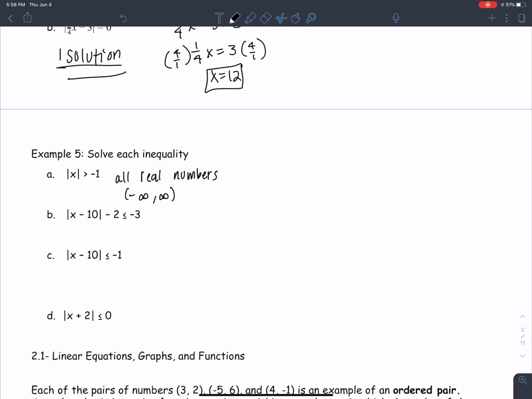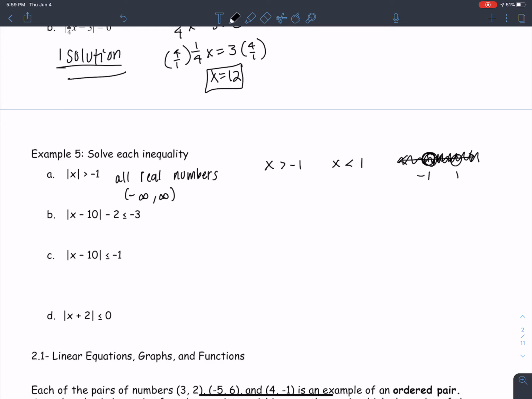Because if you think about it, if I try to solve it, I get x is greater than negative 1, or x is less than 1, and then if you put that in a graph, you've got greater than negative 1 and less than 1, and we've seen that before, and it goes through all of them. I know one time I said that doesn't count, but it counts this time. So we're going with that. So negative infinity to infinity.